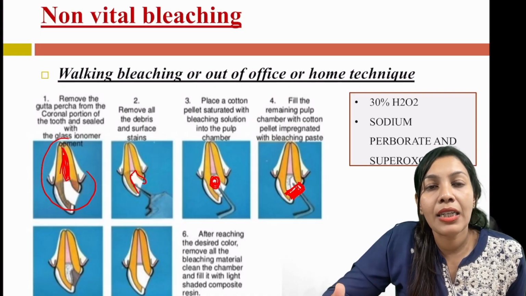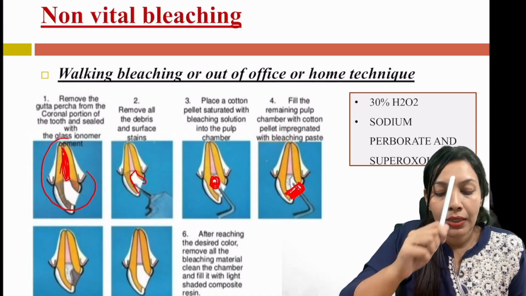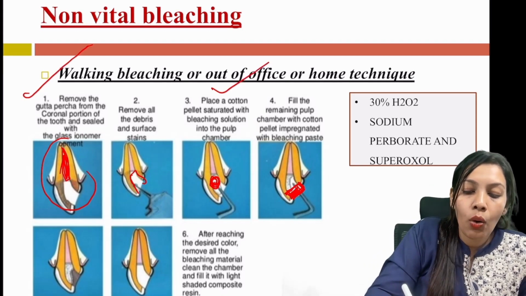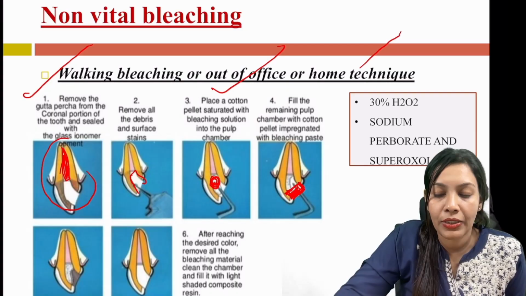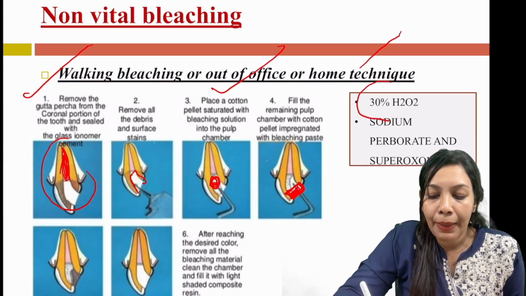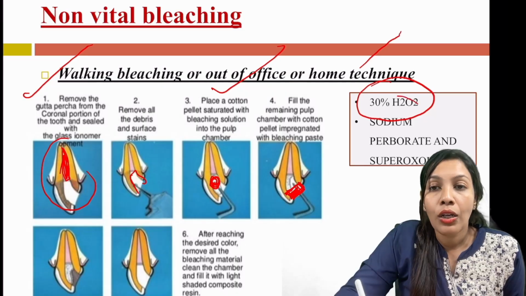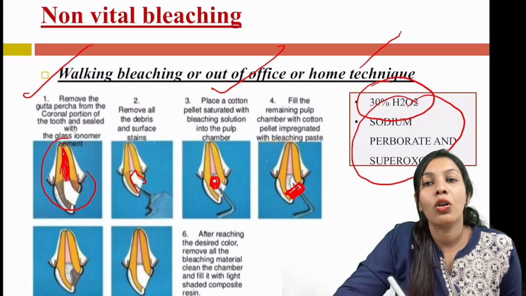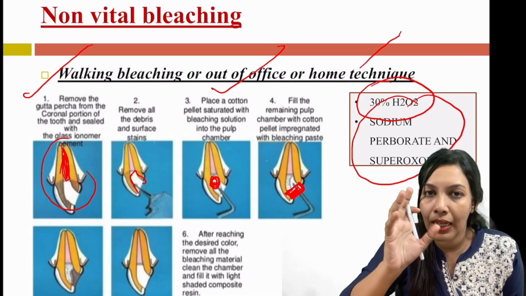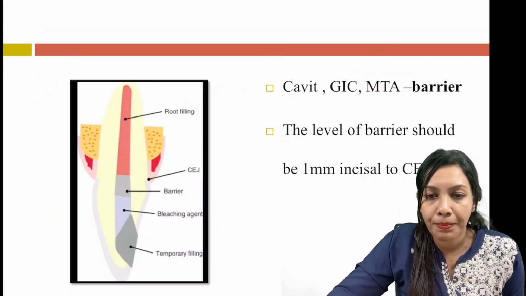So what are the materials used in walking bleaching? This is called walking bleaching or out of office bleaching or home bleaching. Very important. In that, 30% H2O2 or sodium perborate and superoxide combinations are used. These are the differences you need to keep in mind, right?